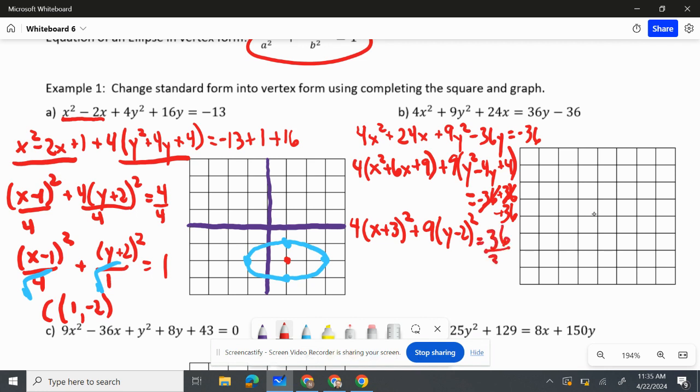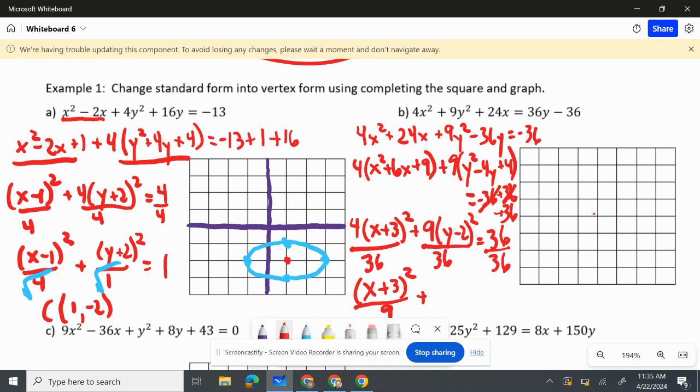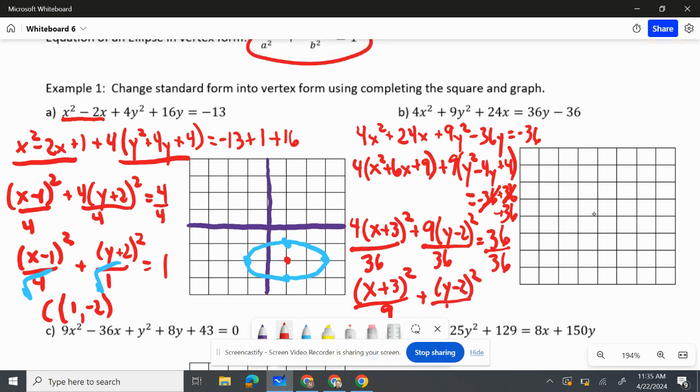I'm going to divide each side by 36, and that gives me (x plus 3) squared over 9 plus (y minus 2) squared over 4 equals 1.